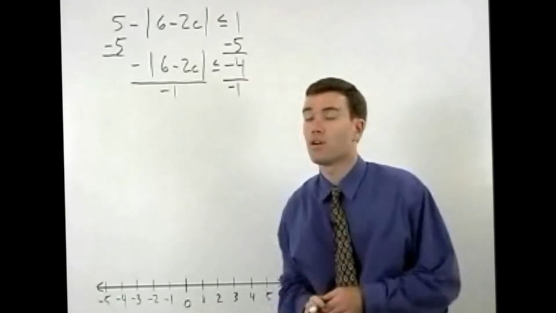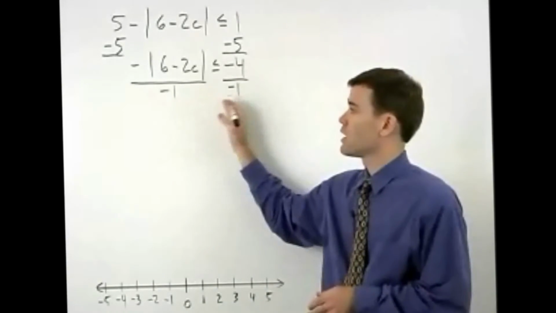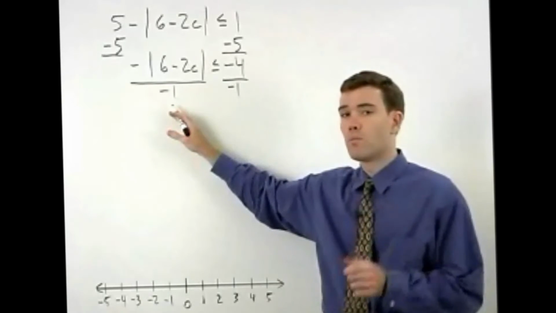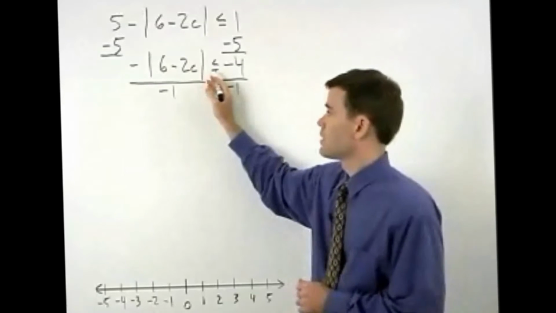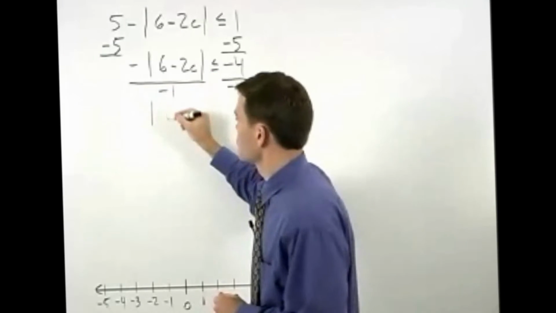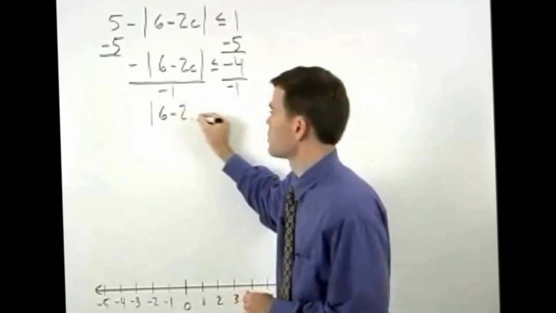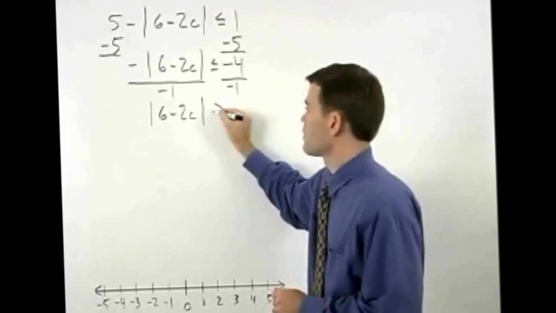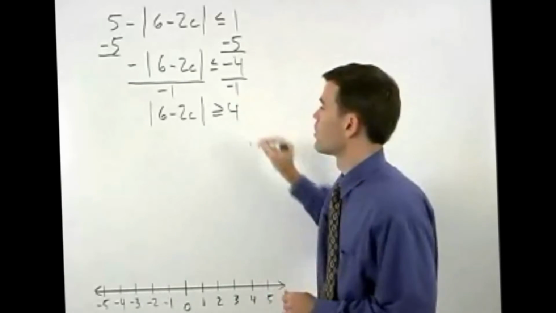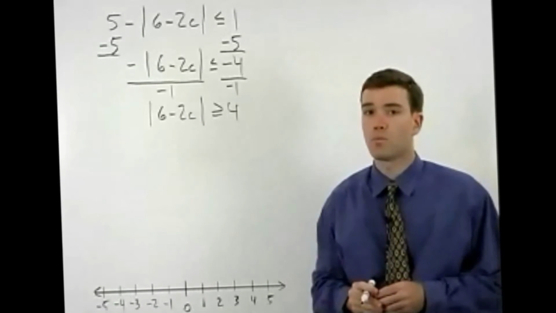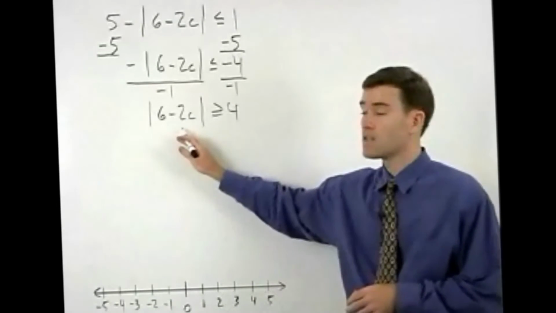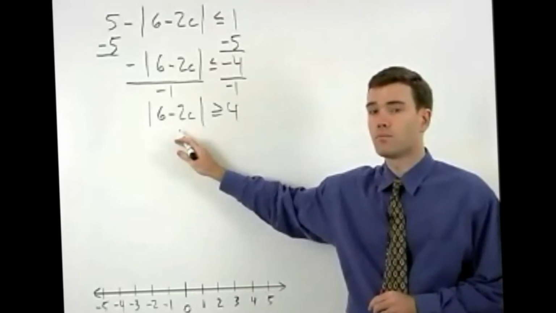And watch out when dividing both sides of an inequality by a negative number. Remember, we must switch the direction of the inequality sign. So that gives us the absolute value of 6 minus 2c is greater than or equal to 4. Now we can split things up into two separate inequalities because we've isolated our absolute value.